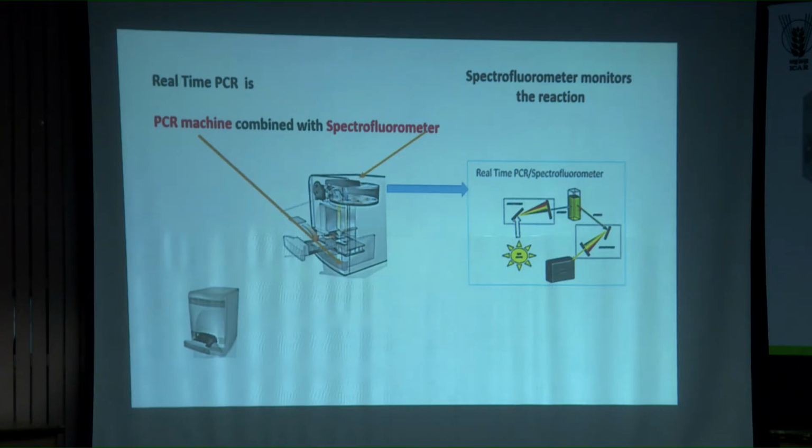You have excitation and emission, all those things you keep in your mind to understand this, right? The chemical we added in the PCR machine gets excited under a specific wavelength, and it emits light at another wavelength, right? And the emission is captured by the spectrofluorometer.